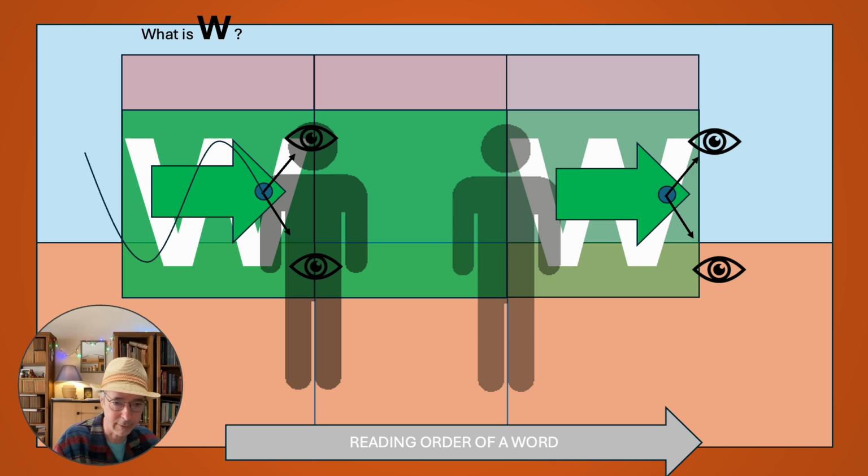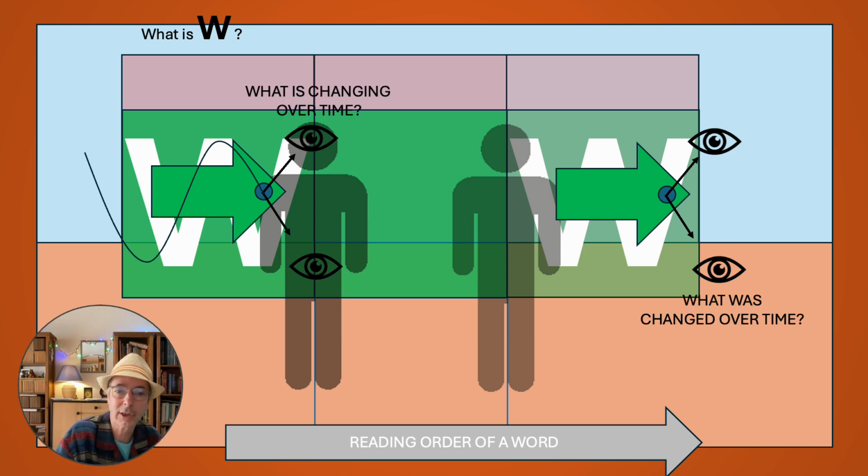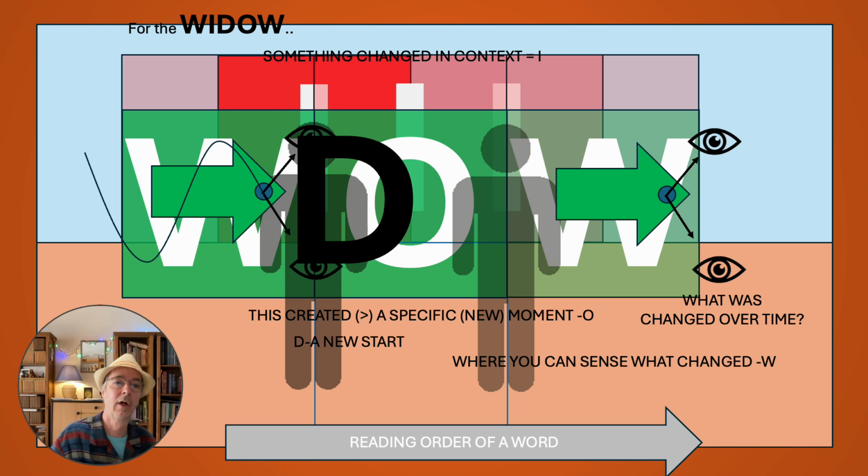So you have this wave of changes and you follow what is changing, or what's changed. What's changed over time, or what is changing over time when you start something, or what was changed over time. So what is the end effect of it, and that's what you sense with these letters in both of these words. With widow, you had, of course, E, which made it so that something changed in context.